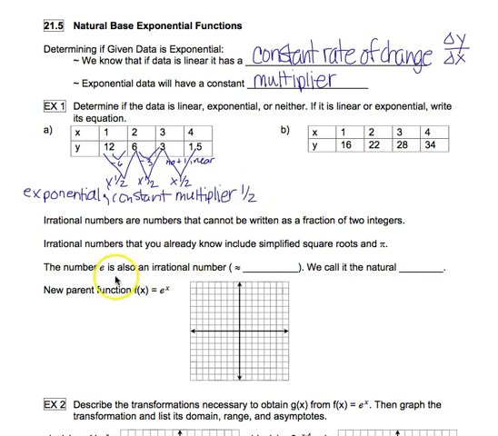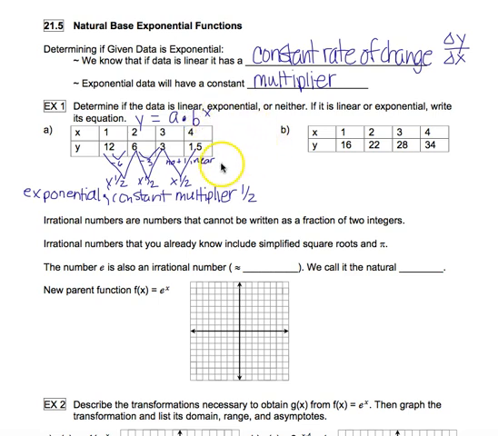Now, if we know that it's exponential, then we need to write its equation. The way that we do that is by first taking whatever the constant multiplier is, because you're only going to be writing exponential equations in the form y equals a times b to the x.